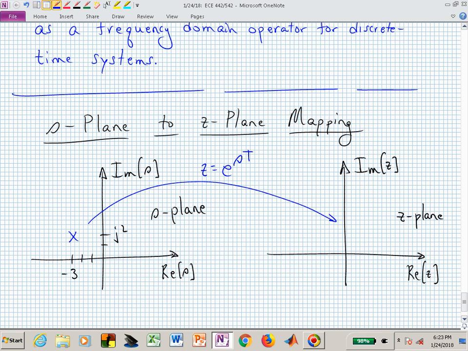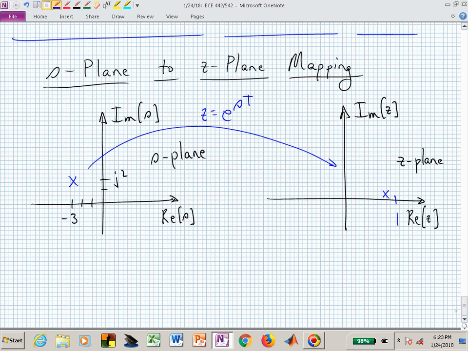Well, all we really have to do is have an S, which we have, and a sample period T, and then that will map it into another complex number in the Z-plane. And we're going to find that it maps somewhere like that. Let's see why that's the case.